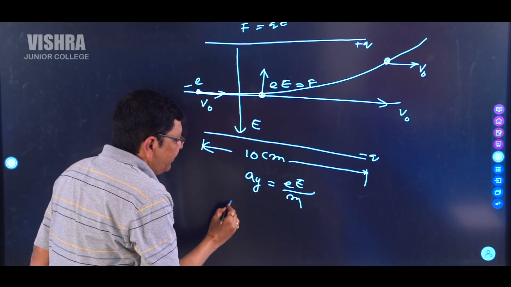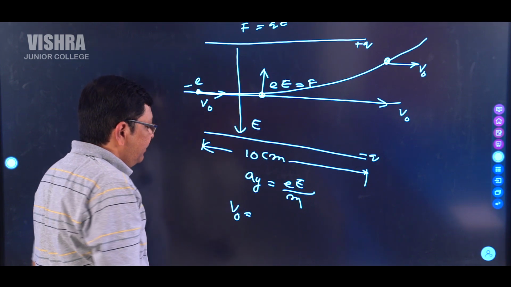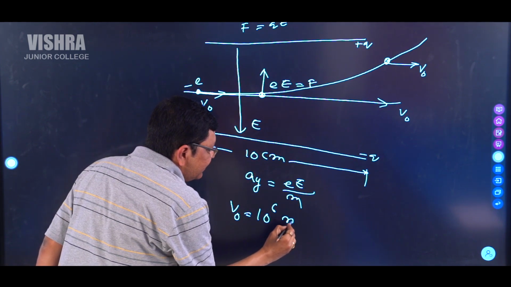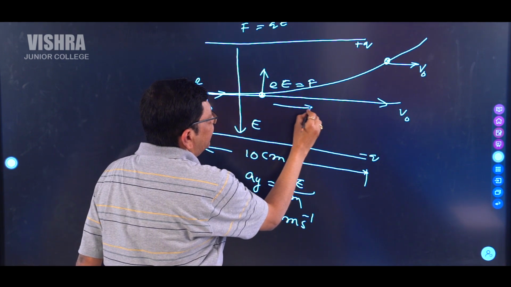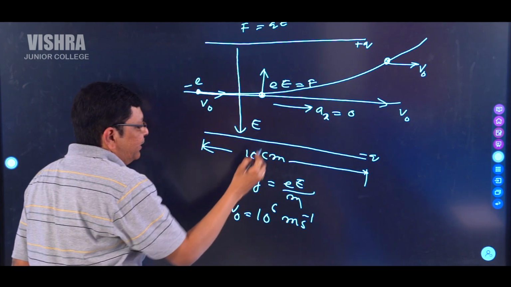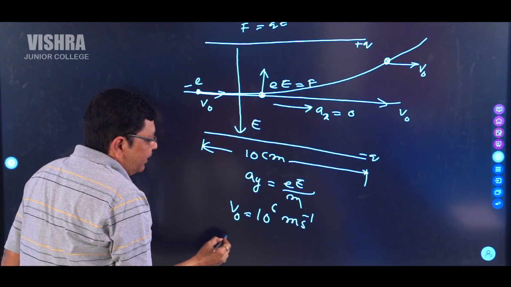In the problem, it is given that the horizontal component of velocity of the electron is 10 power 6 meters per second. Here in horizontal direction, no force is acting, so no acceleration for the electron in horizontal direction. When there is no acceleration, it is traveling with constant velocity.